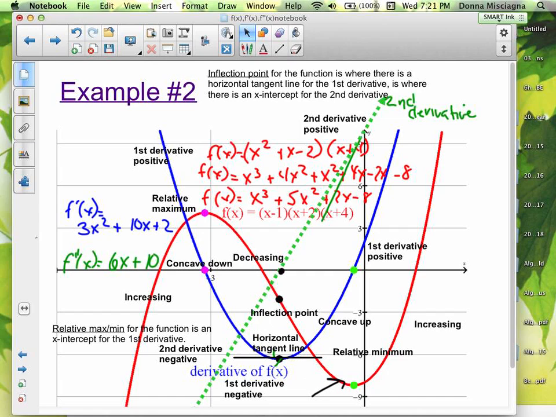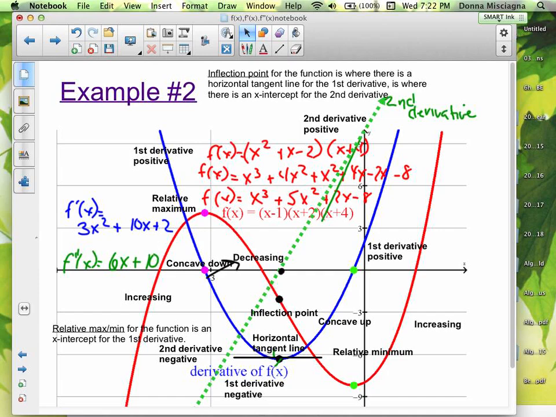Whatever that looks like to you, 6 something. I can't tell. My shadow's blocking, and I'm not sure if I even see a number up there. All right, so we're decreasing from there to there, and then we have a relative minimum. So notice we go from increasing to decreasing. Right?